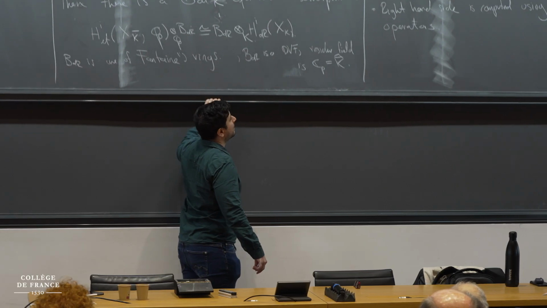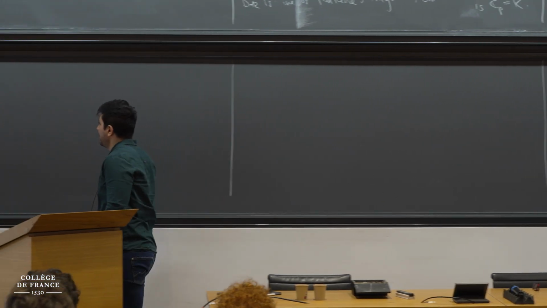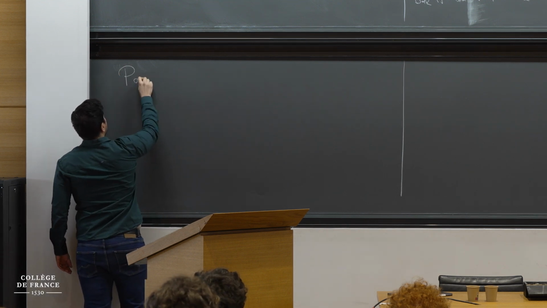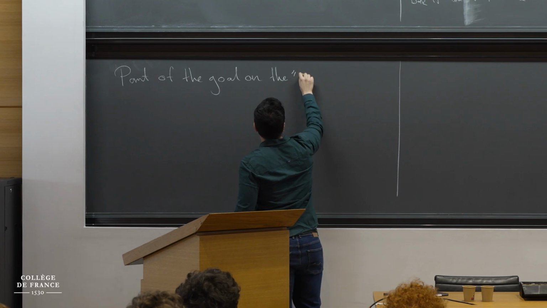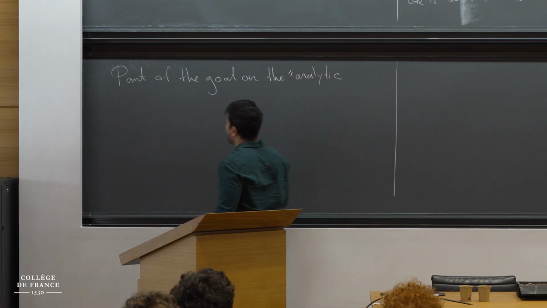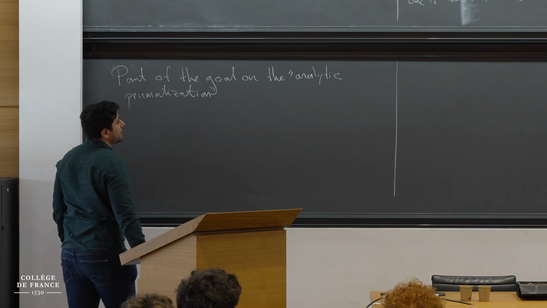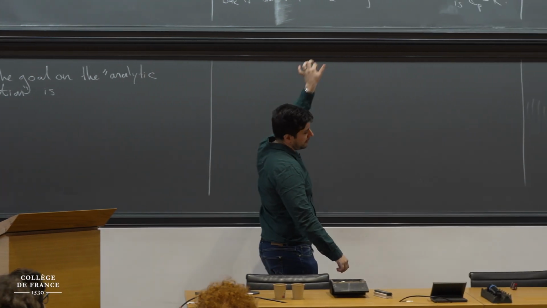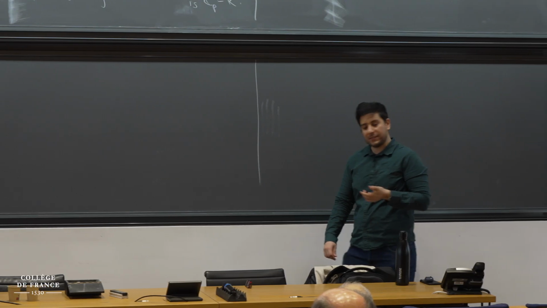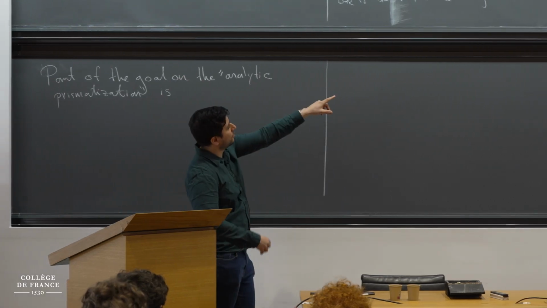Part of the goal of this project with Anschütz, Le Bras, and Scholze on the analytic prismatization, and maybe as well motivated from Pan's work, is to somehow modify this left-hand side, which is computed, as I say, using group cohomology and perfectoid spaces, with some other objects that are still close enough to them but that actually know about differential operators.